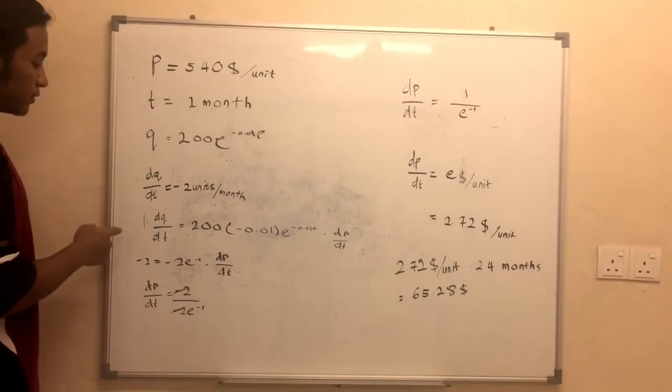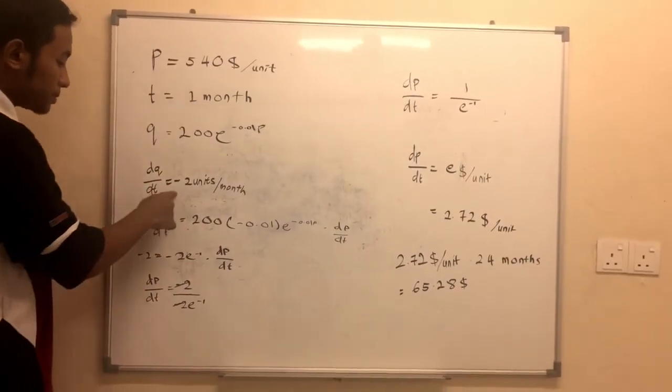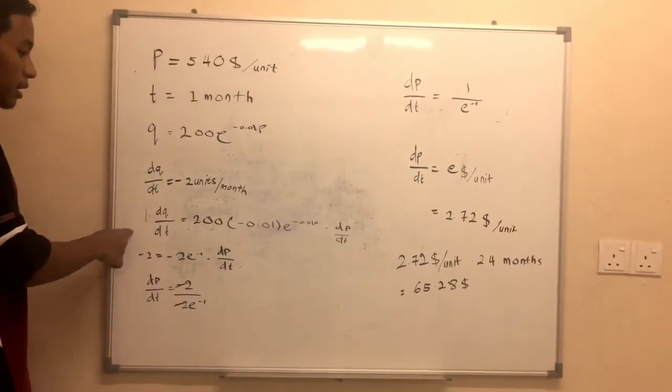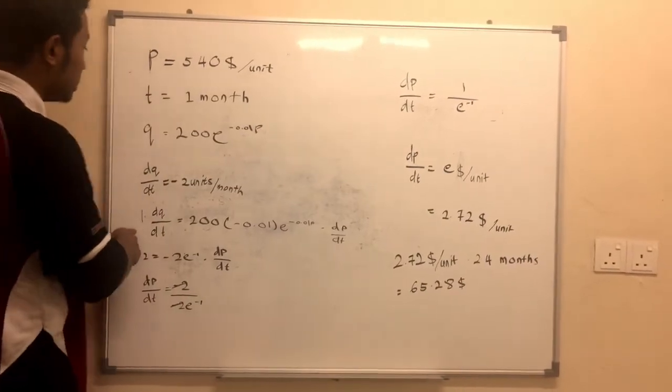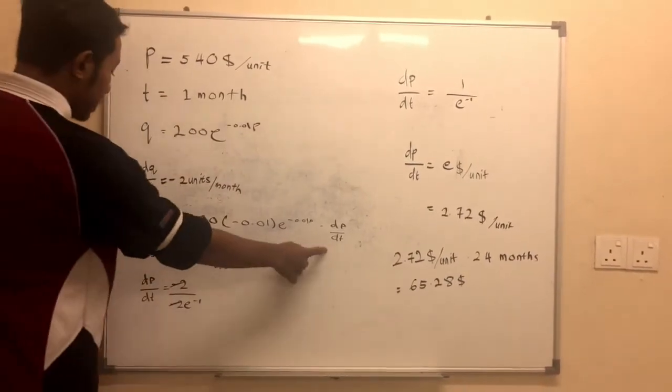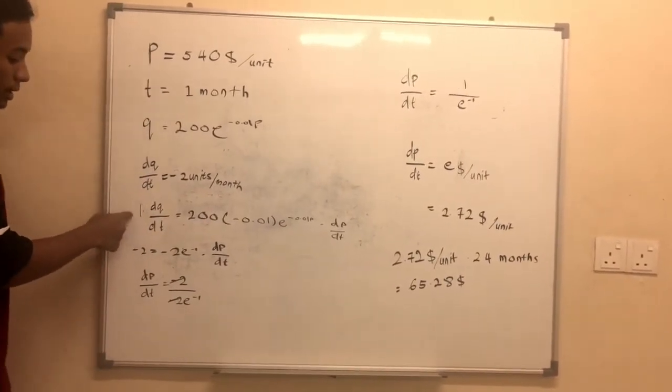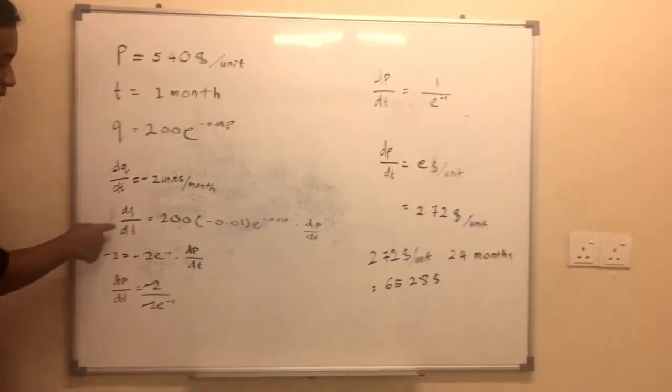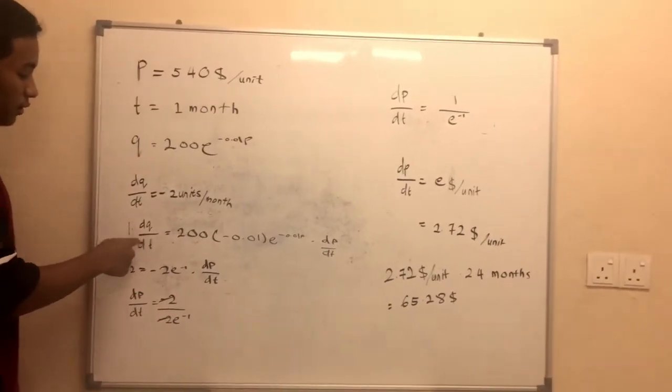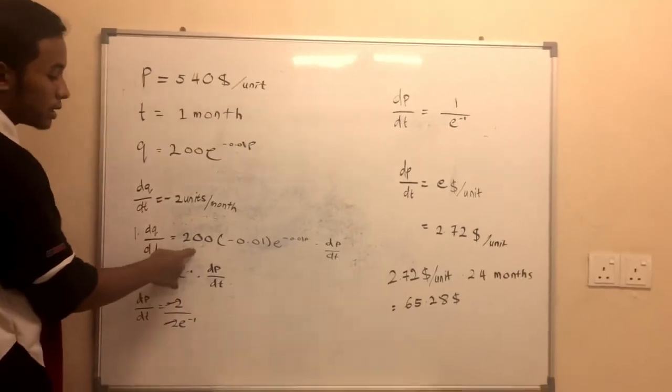Then we differentiate dP over dt here. As you can see, 1 times dQ over dt equals negative 2.